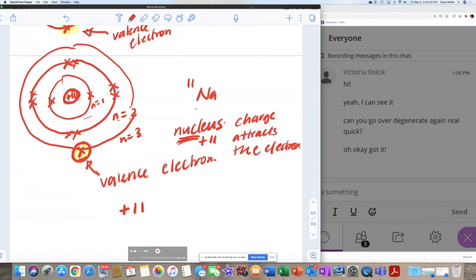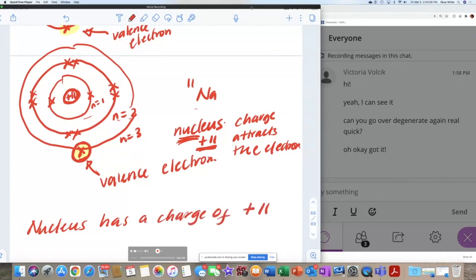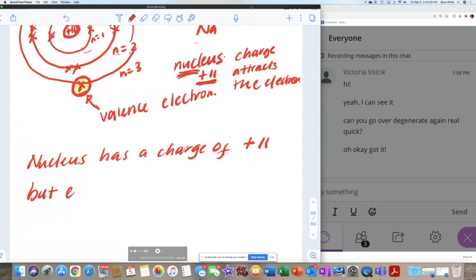So if you look at the electrons on energy level 2 and 1, there is 1, 2, 3, 4, 5, 6, 7, 8, 9, 10. So even though the nucleus has a charge of plus 11, the electron only feels, let me write here: the nucleus has a charge of positive 11, but the electron only, I use the term feels in parentheses because I'm ascribing human feelings, right?